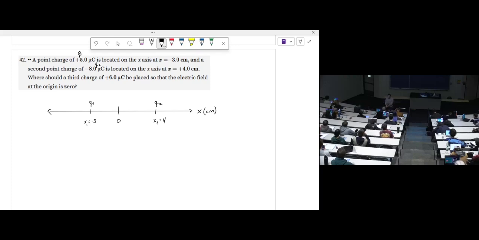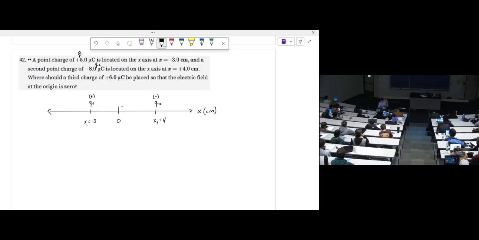I mean, the first question to ask yourself is, is the electric field at the origin already 0? If it is, why? And if it's not, why not? Okay, so they're not equal distance and they're not equal charges. Specifically, maybe an easier way to think about it is Q1 is positive and Q2 is negative.